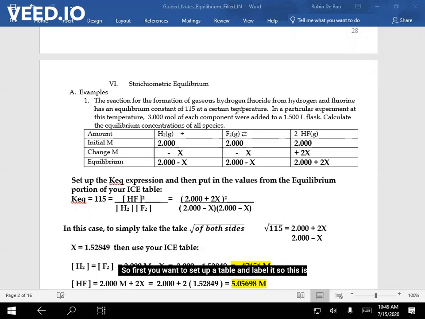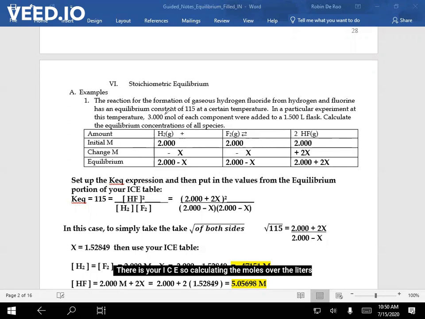First you want to set up a table and label it. This is going to have your reaction, which is balanced, and then here's your initial molarity, your change in molarity, your equilibrium. There's your I, C, E.